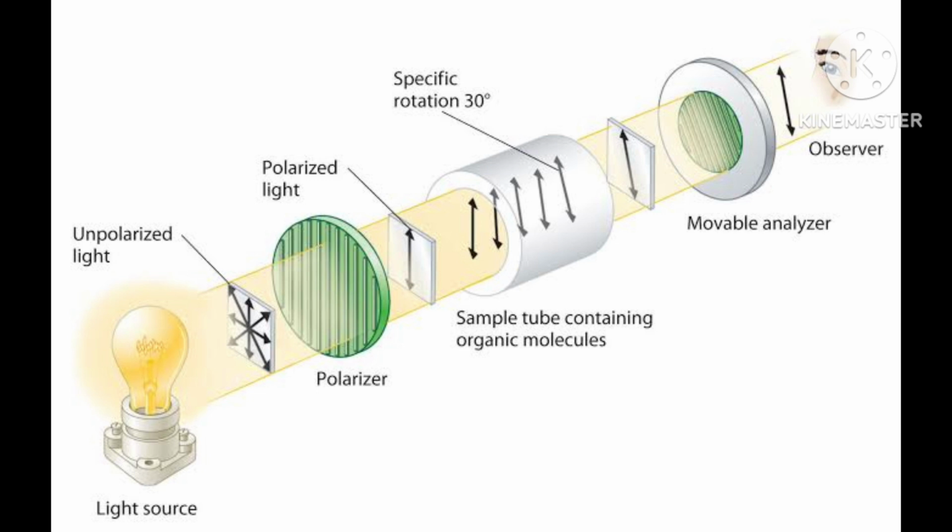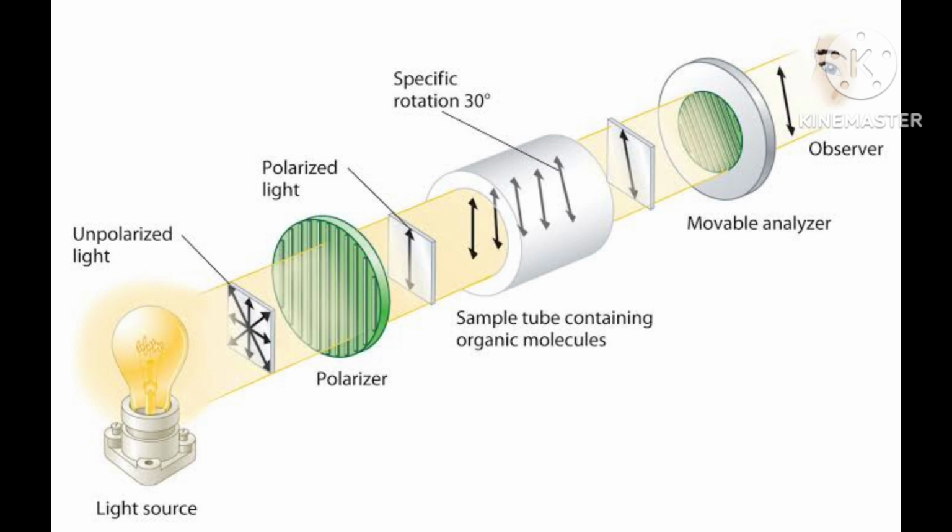Certain compounds rotate the plane polarized light. How is plane polarized light produced? Plane polarized light is produced by passing ordinary light through a Nicol prism.